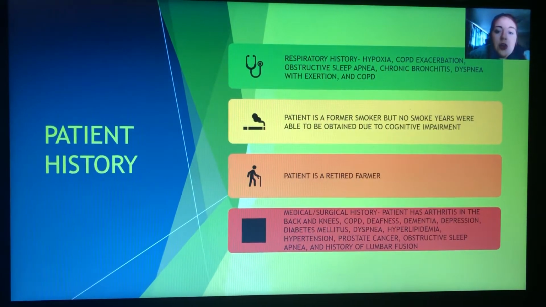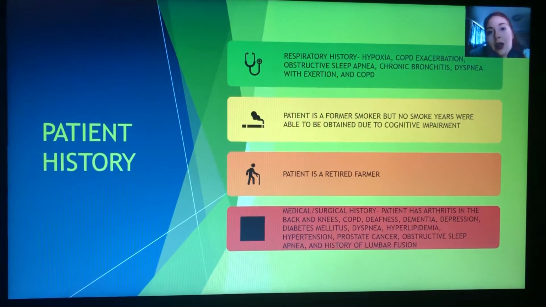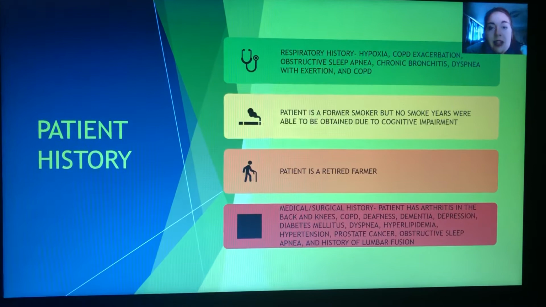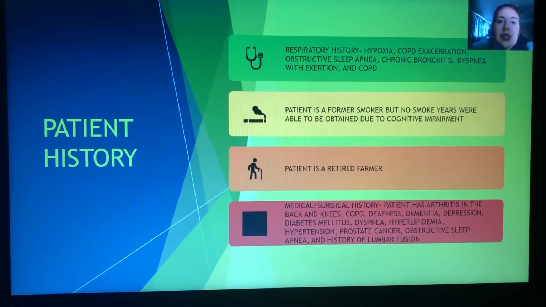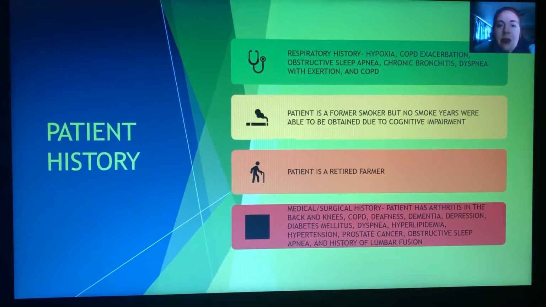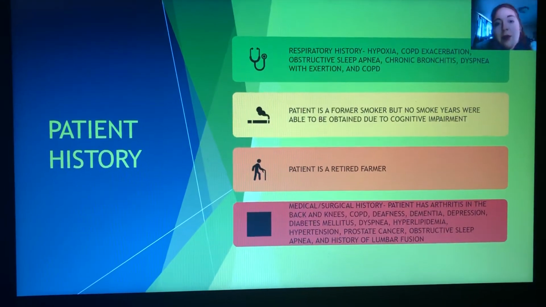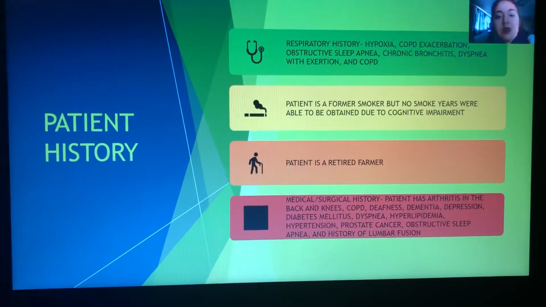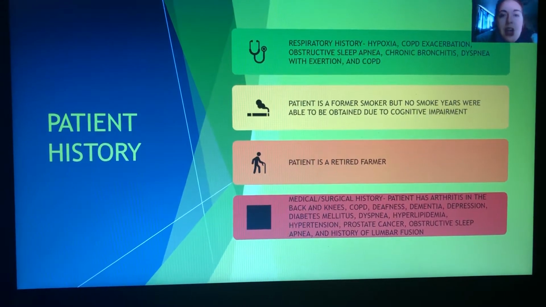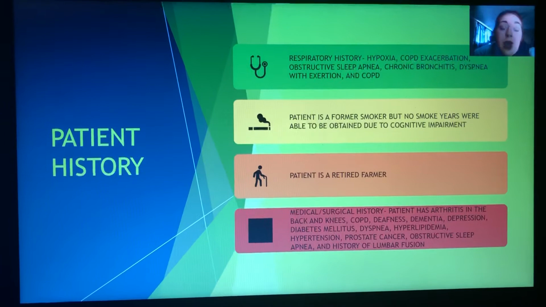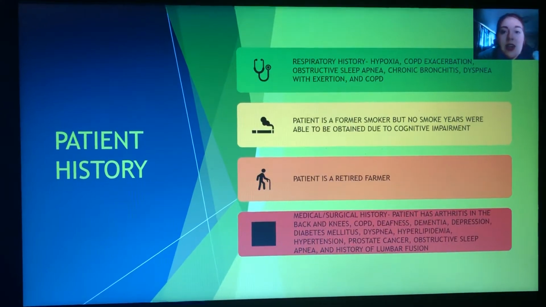This patient also was a former smoker, which could have been a comorbidity to the COPD. However, I was unable to receive information regarding pack years due to the patient's cognitive impairment from dementia.